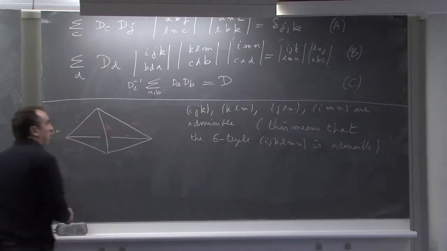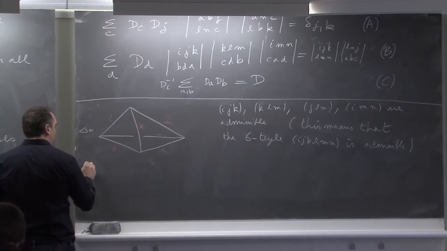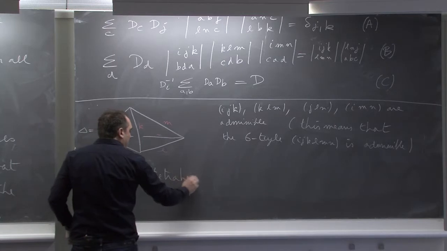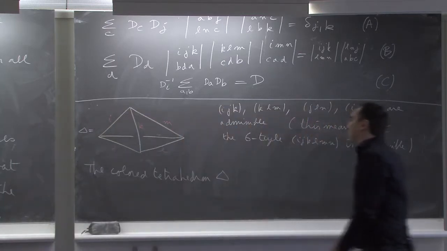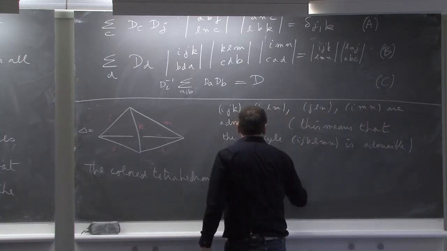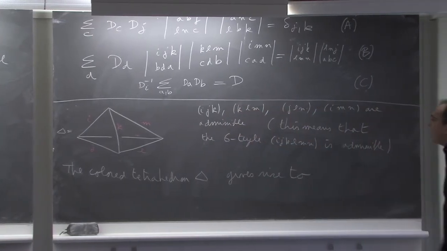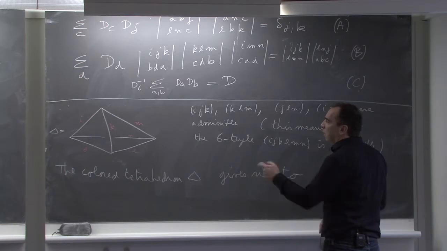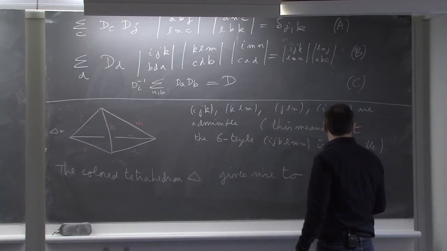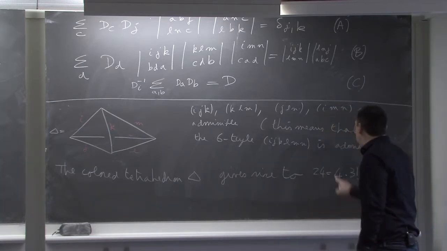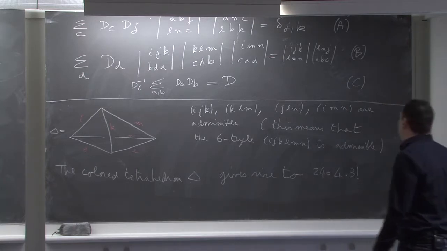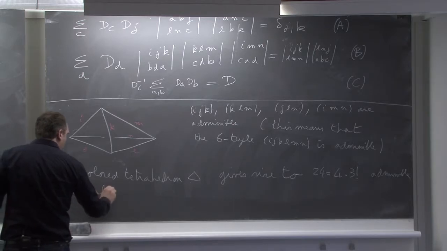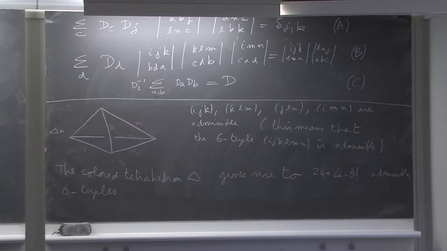So the colored tetrahedron delta gives rise to 4 times factor 3, so this should be 24 admissible six-tuples. So how are they obtained?